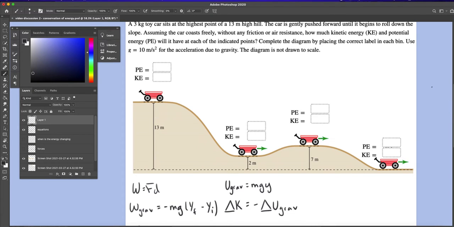The only forces acting on this car while it's moving are the force of gravity and the normal force. At these points where it's on flat land, the normal force and the gravity are both perpendicular to the displacement of the toy car.